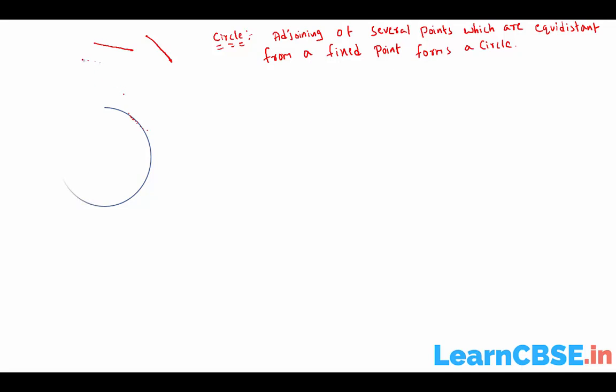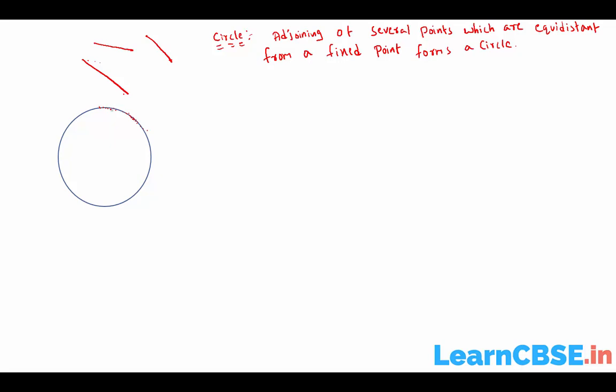There are so many points, but if you join these 2 points, it may not form the curve. It forms a straight line. So here adjoining means the points are joining by side. That's why I use the word adjoining instead of joining. So adjoining several points. See, these are many points here.